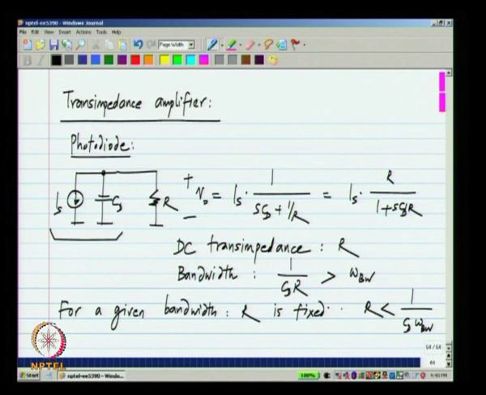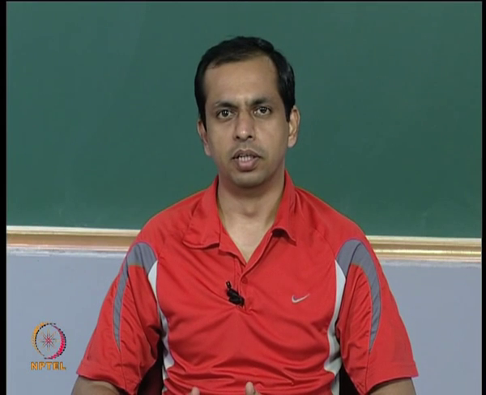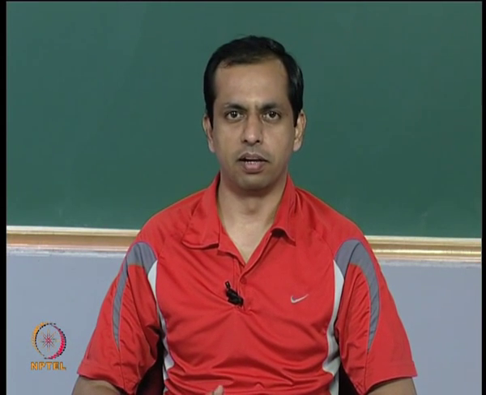If you want a large bandwidth, you can only have a small gain. The gain from the input current to the output voltage is the DC transimpedance, and that is R. If you want a wide bandwidth, you can only have a small gain, and that is a constraint. There is nothing you can do in this circuit to increase the gain. If you increase the gain, the bandwidth will reduce.